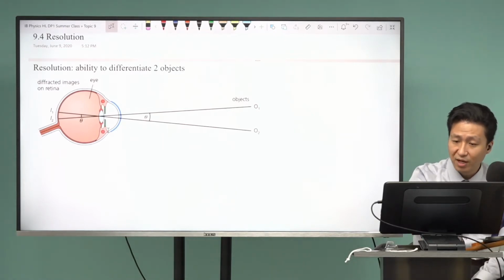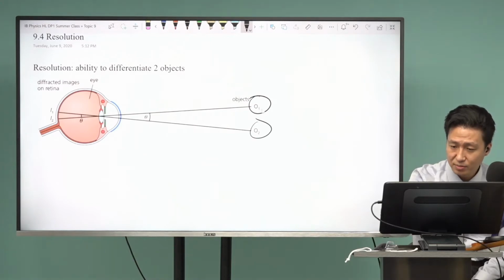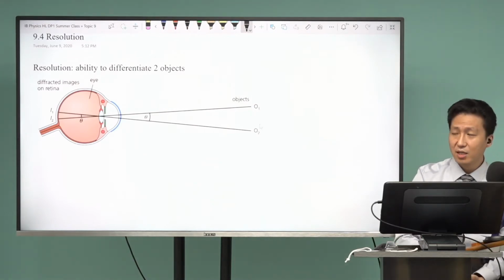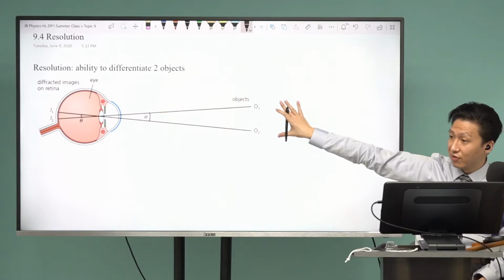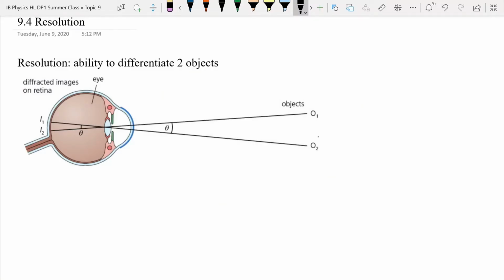We have object 1 and object 2. If you're able to tell the difference between these two objects, you say these are resolvable. If they look blurry and you cannot tell the difference, they're not resolvable.